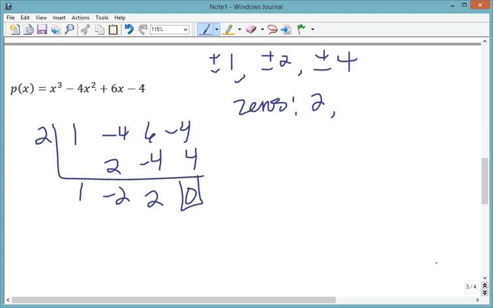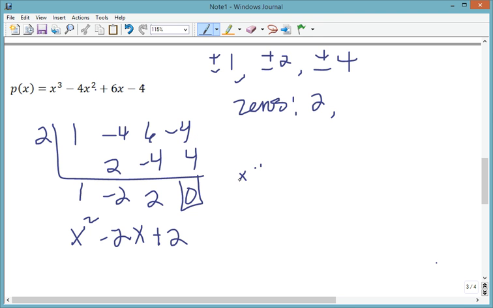Okay, and what's left here is x squared minus 2x plus 2. There's nothing that I have that can multiply together to be 2 but add up to be negative 2. So I will solve this by the quadratic formula.